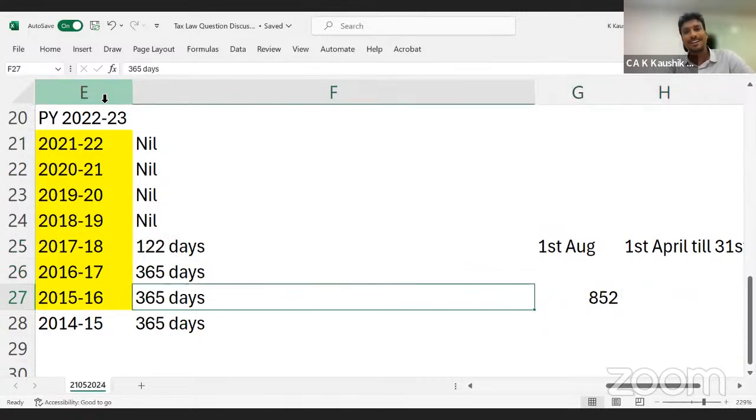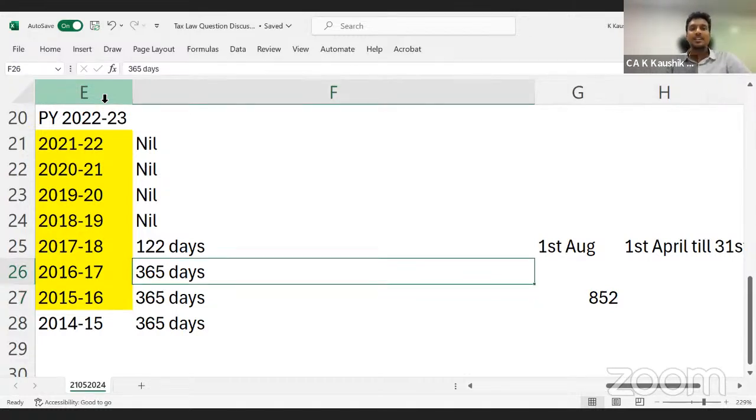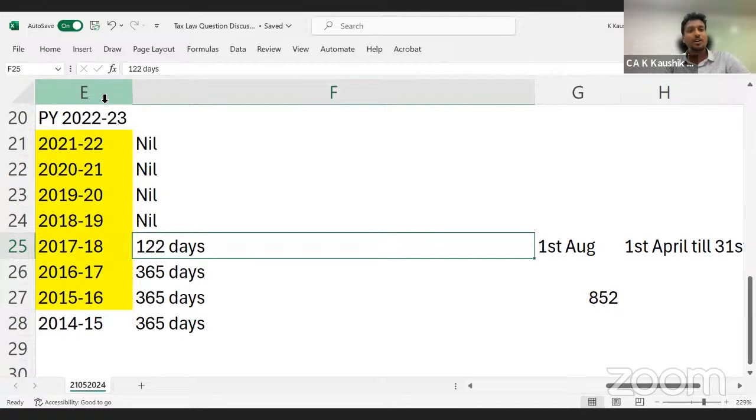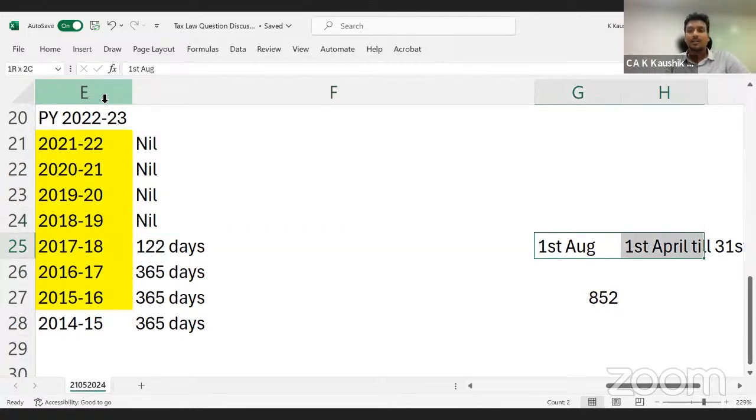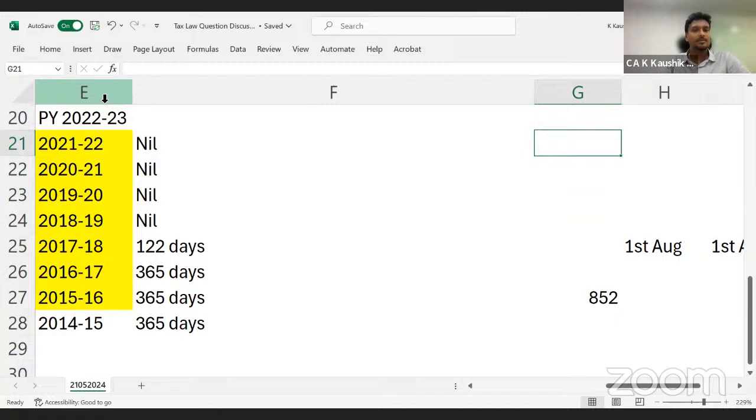Now he should be resident for 2 previous years. Now, if you see, for 16-17 he is resident. 17-18, he might not be resident. Here he is non-resident since he has not stayed even a single day.